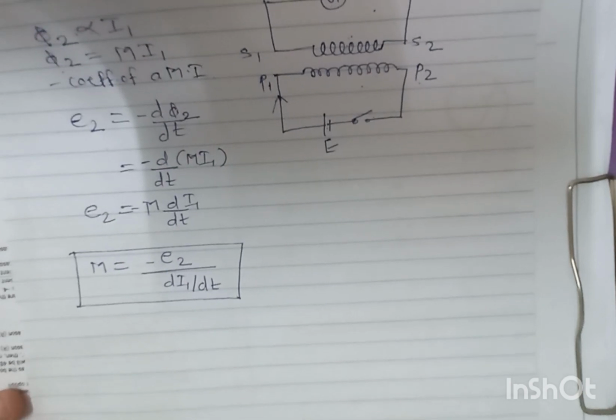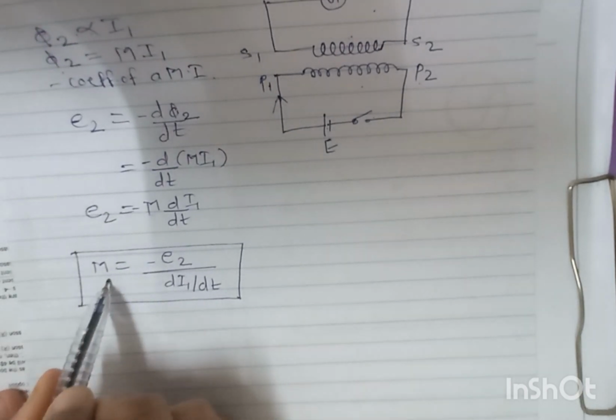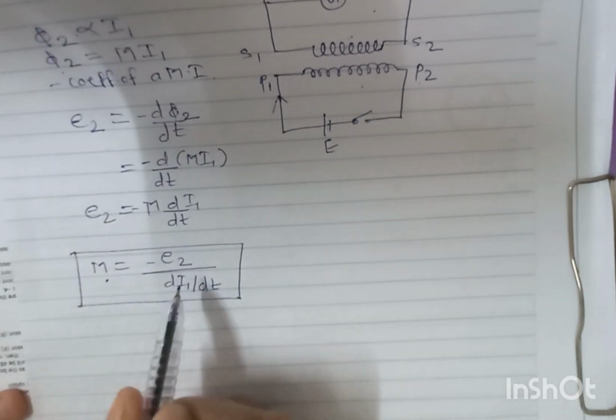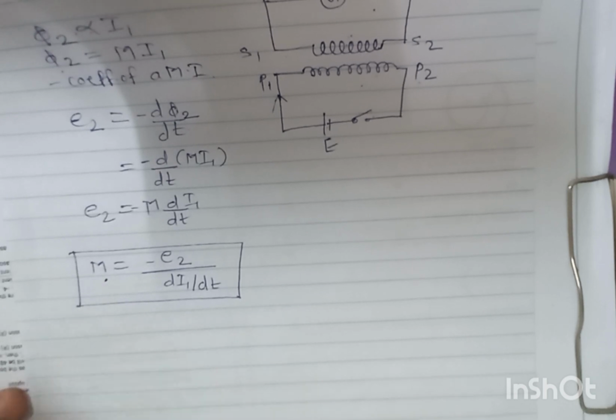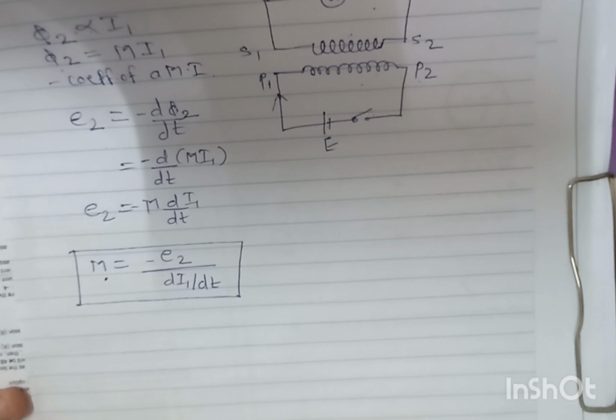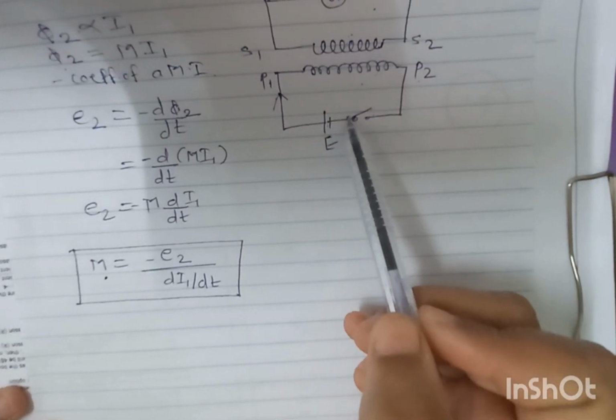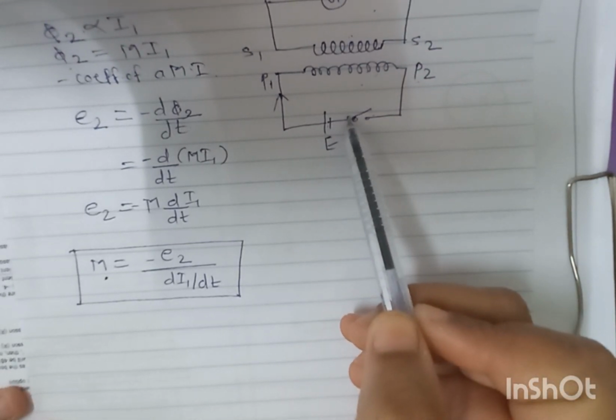The SI unit of mutual inductance is Henry, or we can measure it in Weber per ampere. Mutual inductance is defined as the EMF induced in the secondary coil provided the rate of change of current in the primary coil is unity.